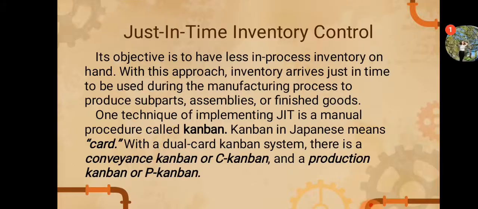So just-in-time inventory control is producing or procuring the right items at the right time and in the right amounts. No, one of the underlying ideas of just-in-time is continuous flow, also called one-piece flow, meaning you move one product through every step of the process without grouping it into a batch.